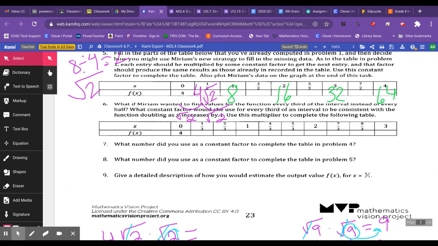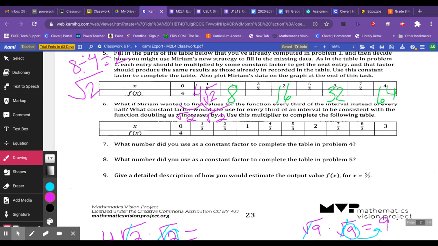So if I had cube roots, I would need 3 to cancel out. Fourth roots, I would need 4. So let's keep going. We have the square roots here. So again, I'm going to multiply by a square root of 2. So this would be an 8 square root of 2. And keep going. Times square root of 2. Those 2 cancel.